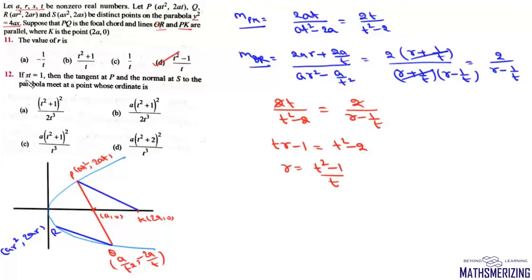Now the second question is, if s into t is 1, then the tangent at P and the normal at S to the parabola meet at a point whose ordinate is.